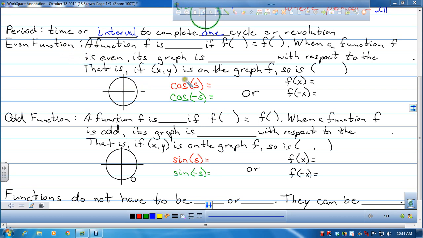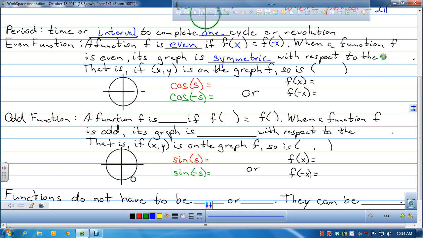An even function is going to be even if some value f of x is equal to f of negative x, meaning if I plug an x in or if I plug a negative x in, I'm going to end up getting the same value. So when a function f is even, its graph is going to be symmetric with respect to the y-axis.